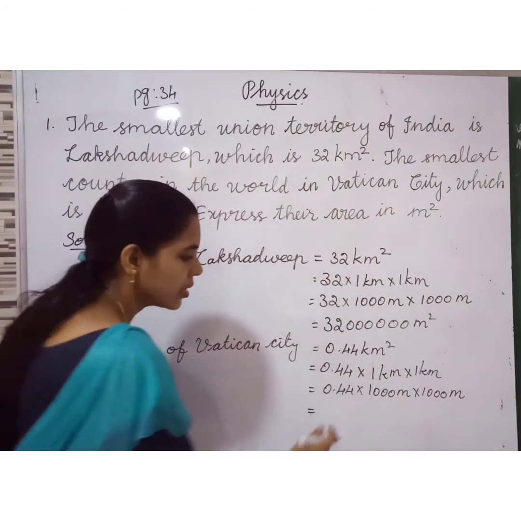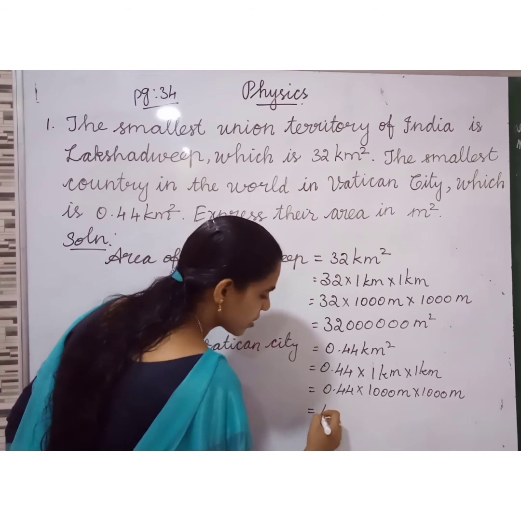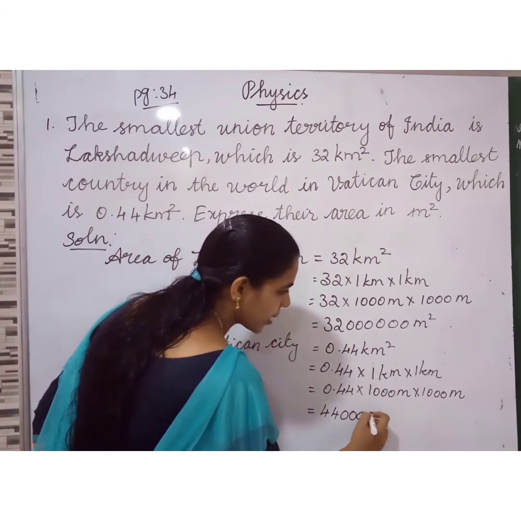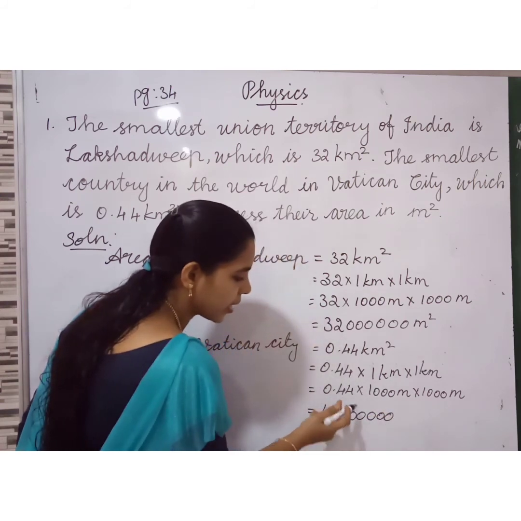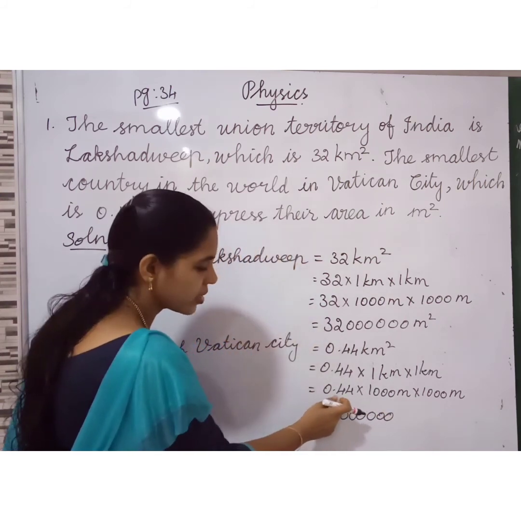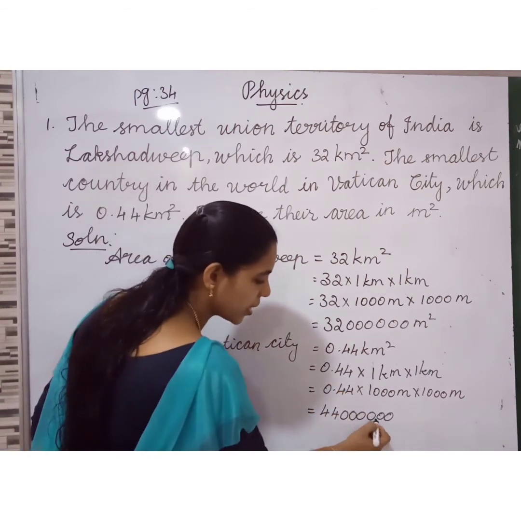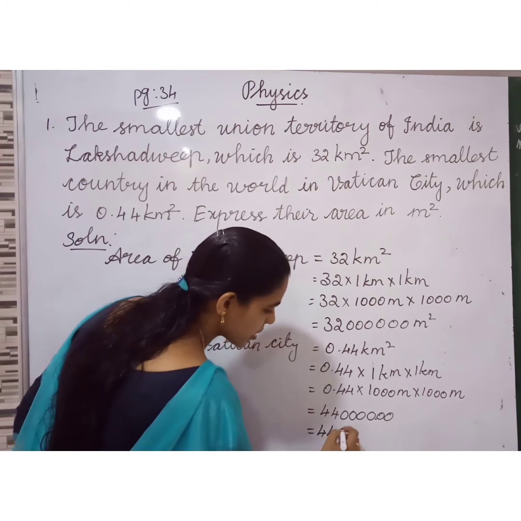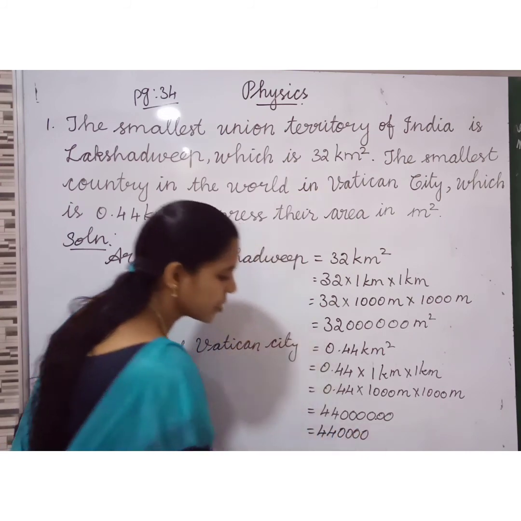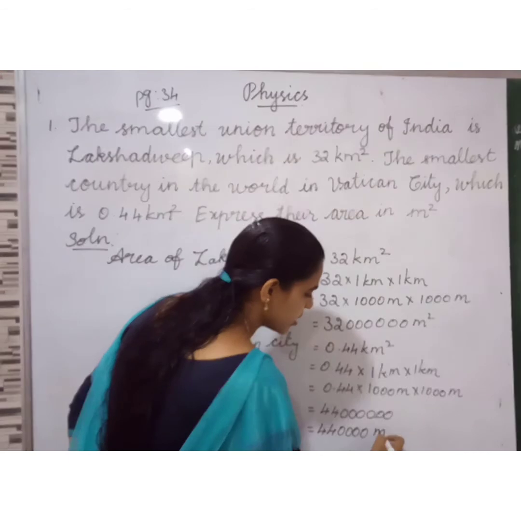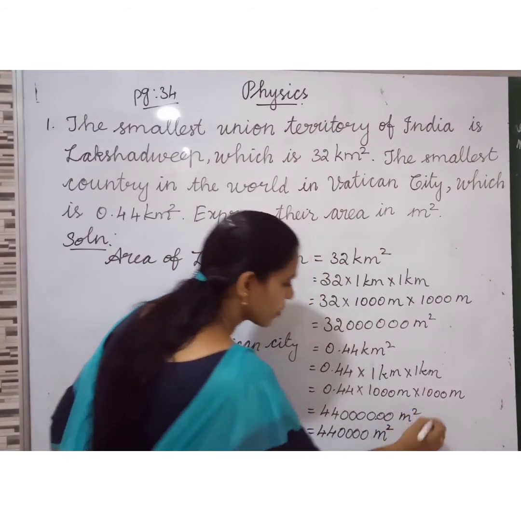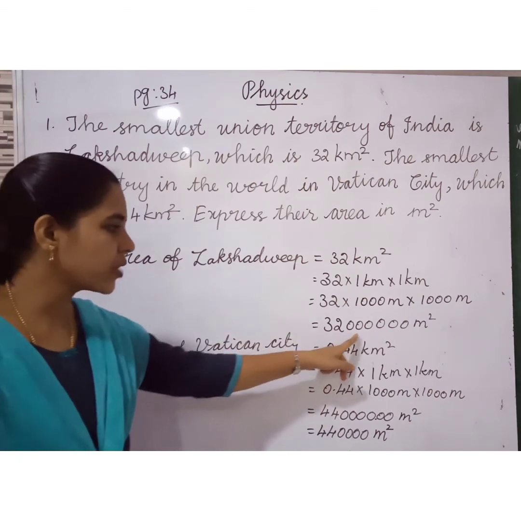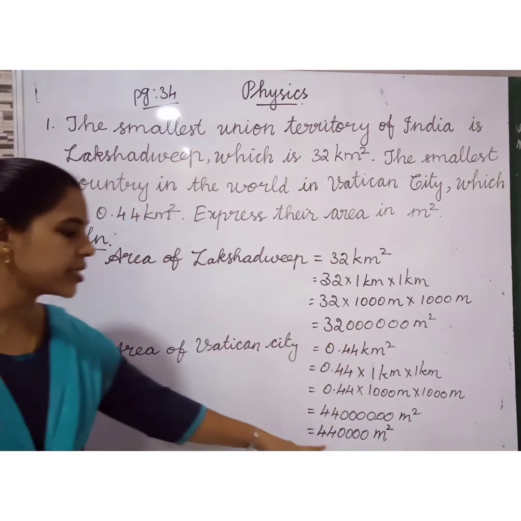So we have to multiply these numbers. 44 0 0 0 again 0 0 0. Listen here, there are 2 decimal places, so we have to keep the dot here. So we write 440000.0. This is meter square. This is the area of Vatican City. This is the area of Lakshadweep in meter, and the area of Vatican City in meter.